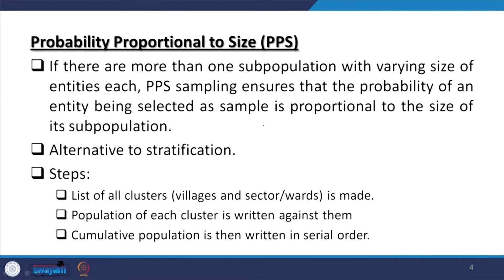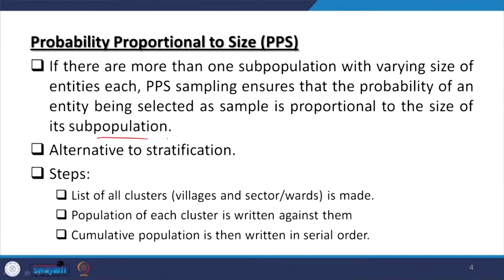So, a particular unit or entity has a certain probability of consideration that is proportional to the size of its subpopulation. We will explain systematically to clarify the concept. This is also sometimes considered as an alternative to stratification, because stratification may not consider proportional representation.